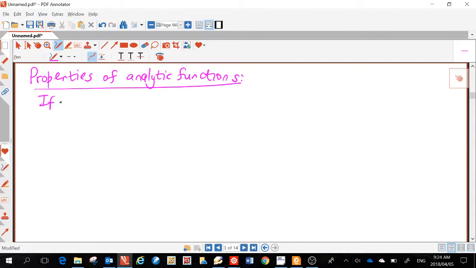So you can just write this down. If f of z is analytic at z naught, that means you can expand it as a Taylor series, right?